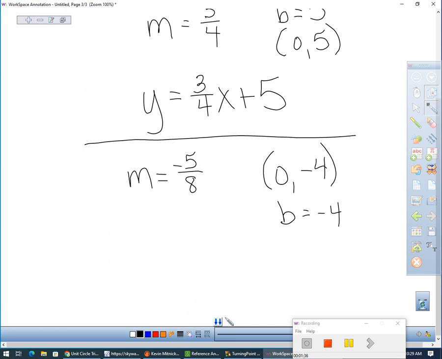So we're going to write this as y equals mx plus b. Y equals -5/8 x plus -4. You can put plus -4 or you can just put -4. Either way, it's the same thing, right?